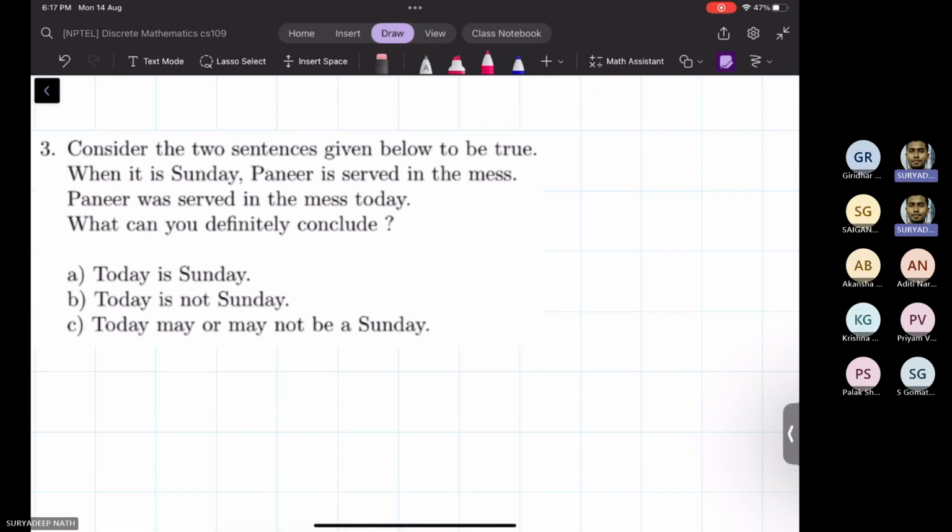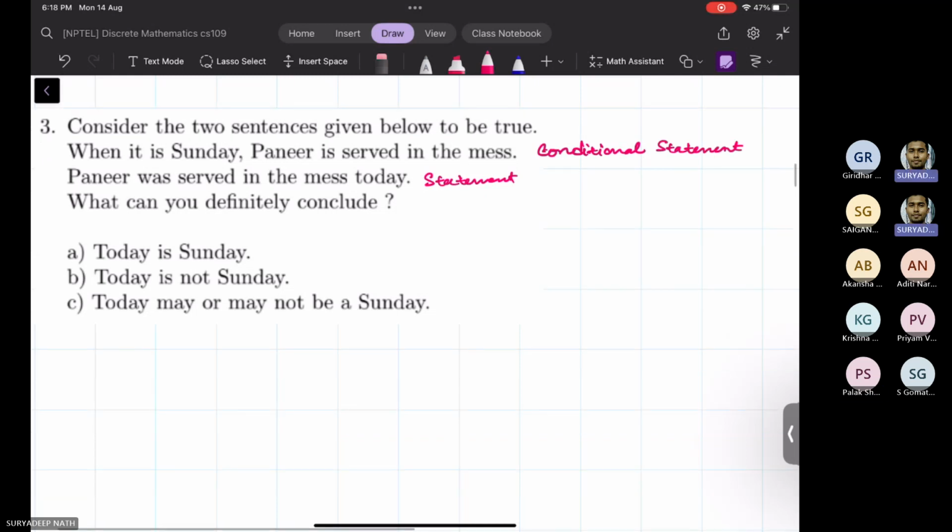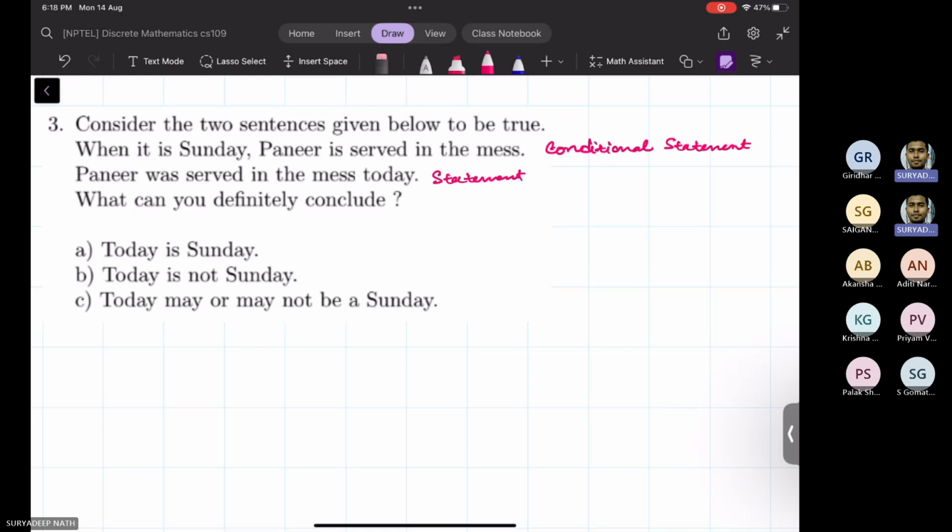The second one is a statement, and the first one is a conditional statement. Now, can anyone say what do you think we can definitely conclude? What is the right answer among A, B, and C?